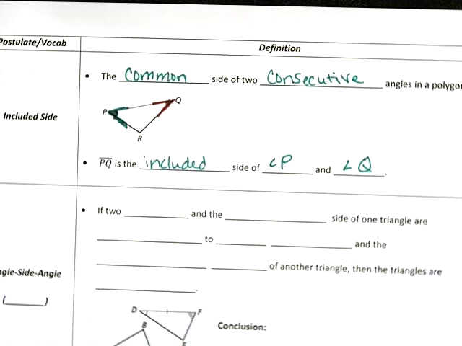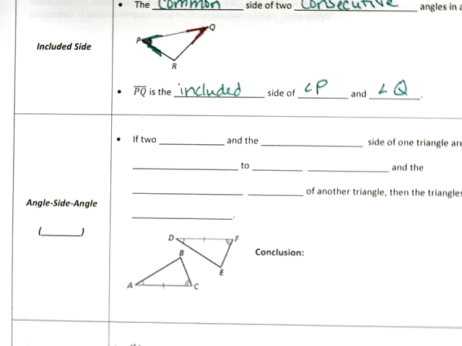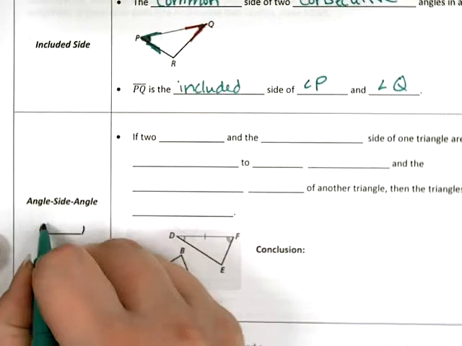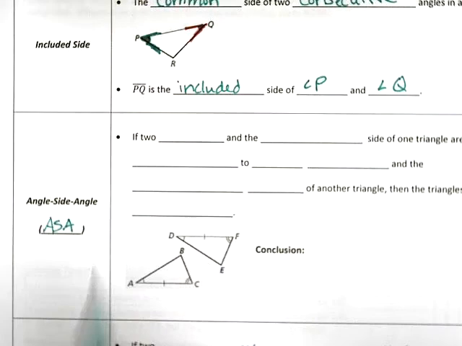Okay, and that's going to be important for our next shortcut, which is angle side angle. All right, or ASA. Again, order is going to be important here.